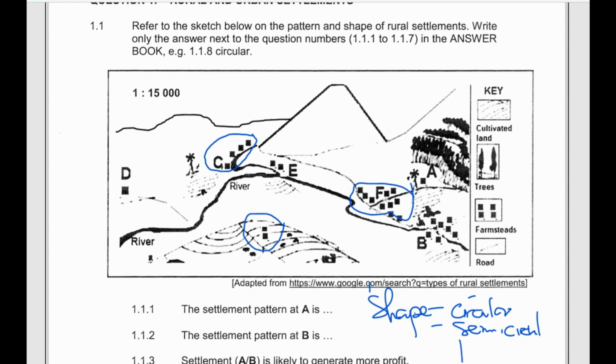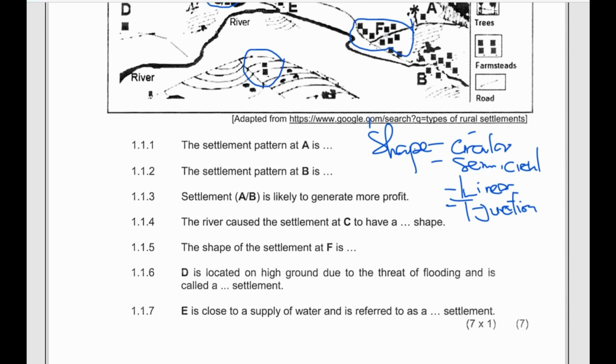then you can talk of a linear, where the housing units are in line, maybe along a transport route or along a river or along a mountain range. Then you can also talk of other settlement shapes, like the circular, the semicircular, the linear. You can also talk of the T-junction settlement, and you can also talk of other settlement shapes like the stellar.